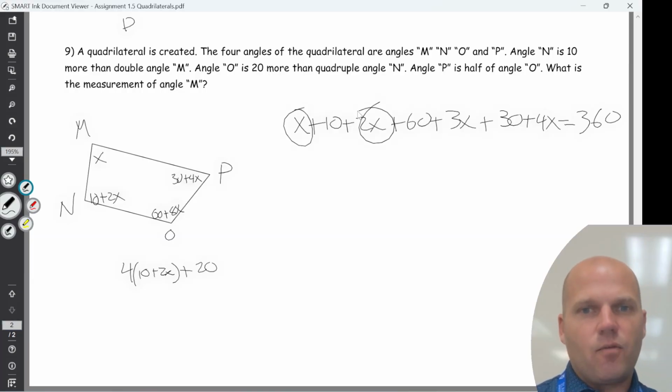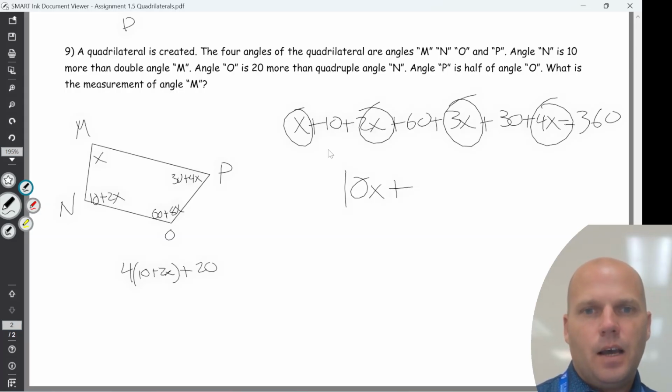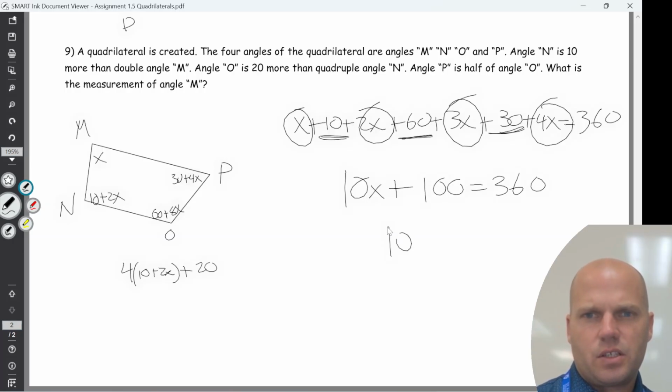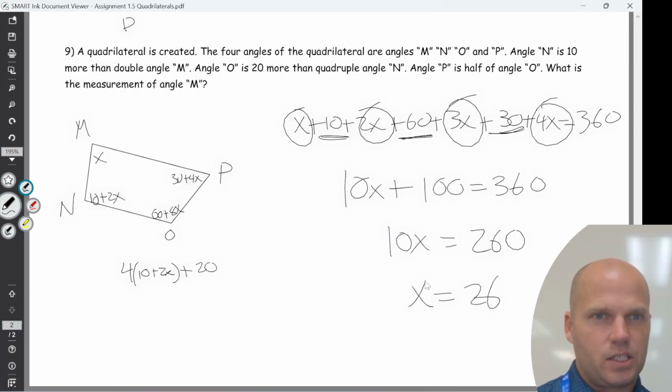So that means I have 1, 2, 3, 4, 5, 6, 10 x's. That works out nicely. I have 10 plus 60 is 70 plus 30 is 100, which means 10x has to equal 260, which means x is 26. And that's angle M.